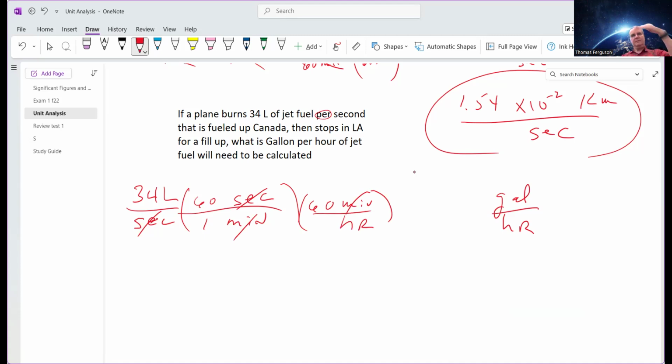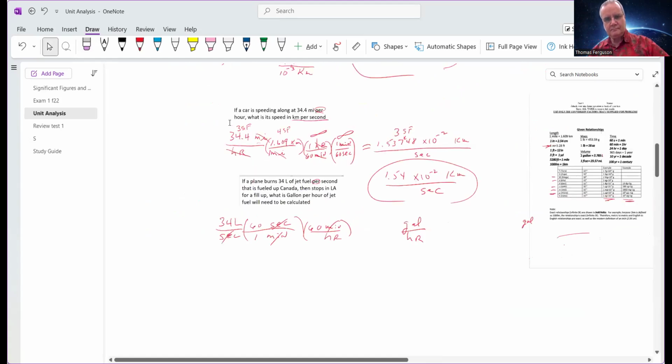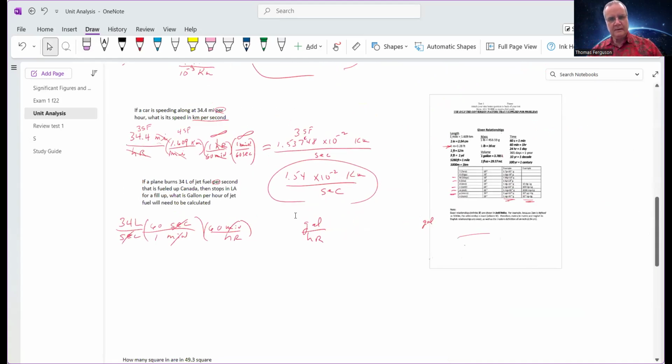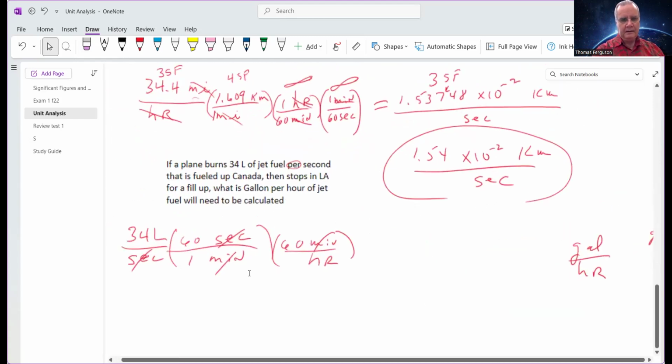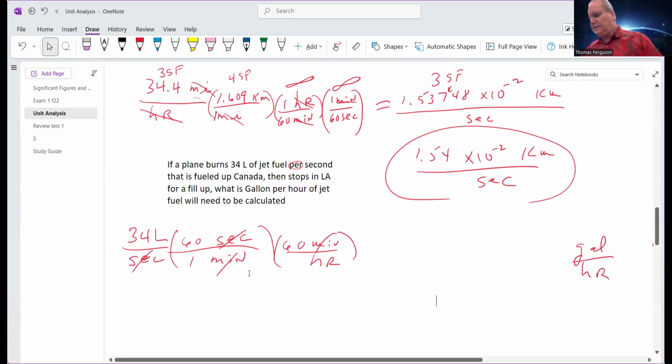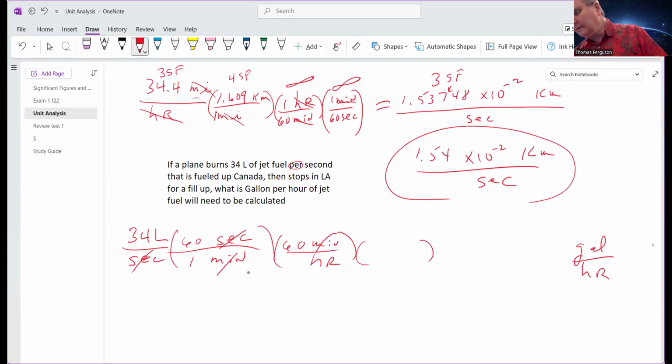Now we're going to work on the top. We need to get liters to gallons. We're starting with liters. So which one of these are you going to use?